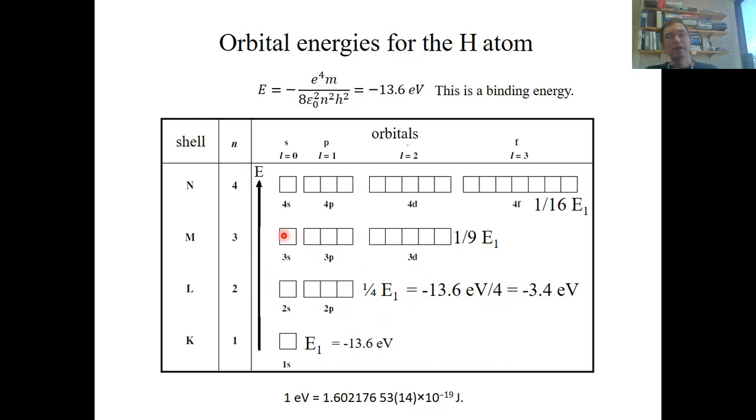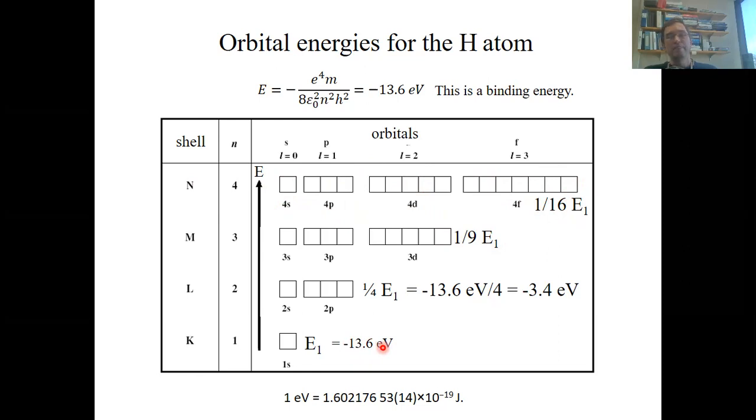So then all the orbitals in the third shell would have 1/9 of the energy of E1, and all the orbitals in the fourth shell would have 1/16 of the energy E1, 1/16 of minus 13.6 electron volts.